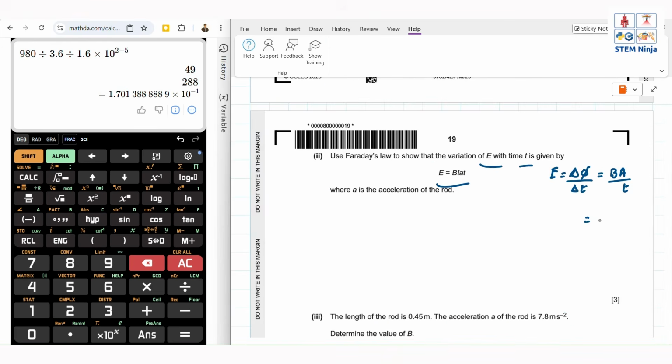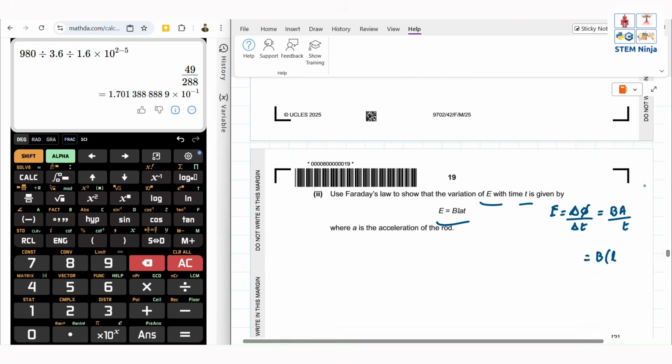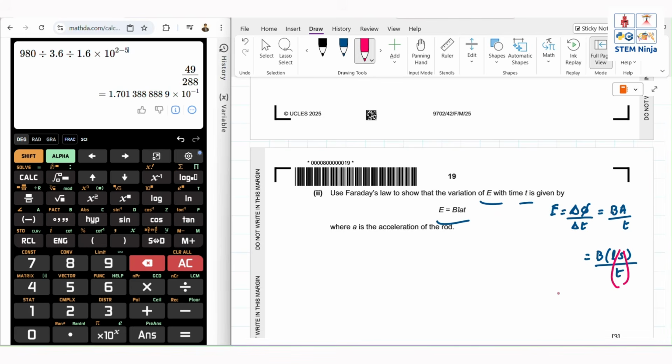So B L times S over T. The rod has length L. Now, S over T is V, so it can be written as BLV. So finally, E is equal to BLV. Actually, we should have written all of this on the left side because it's part of the working.